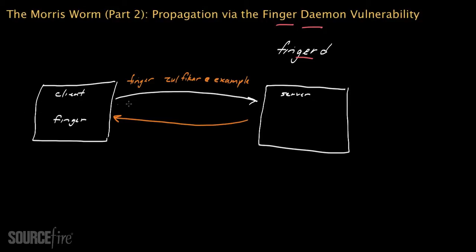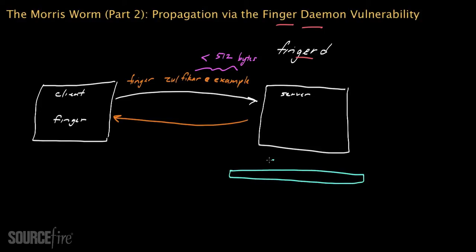Now, typically, the fingerd program on a server expects a relatively short username, something that's under 512 bytes. That's fairly reasonable, because users generally don't have unusually long usernames. So the fingerd program allocates a data structure on the system known as a buffer, and that buffer can hold up to 512 bytes.